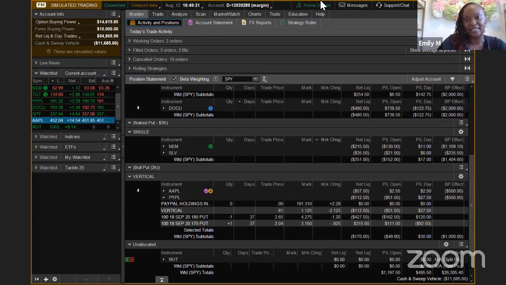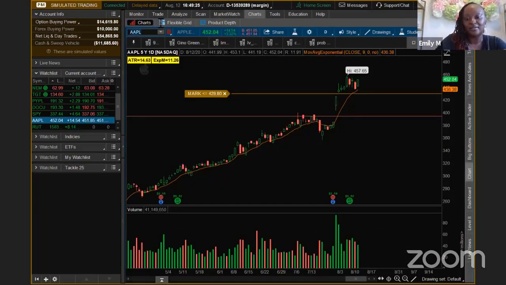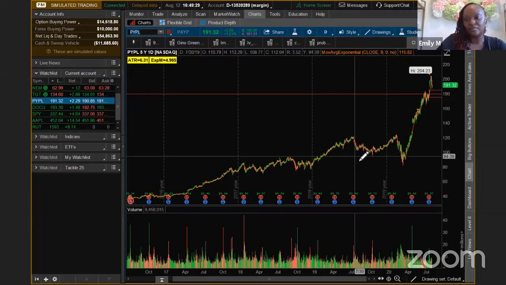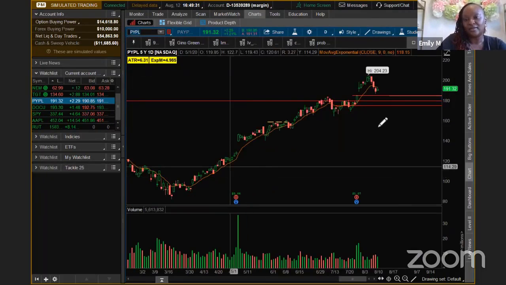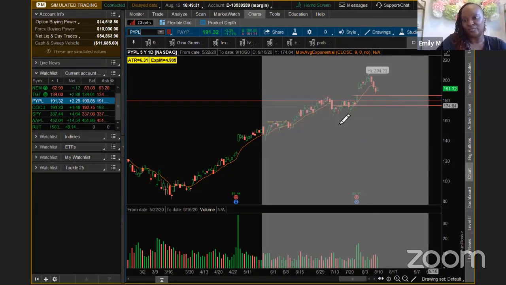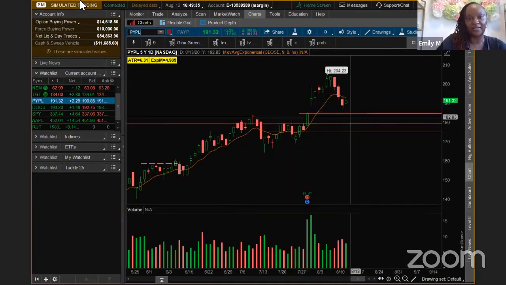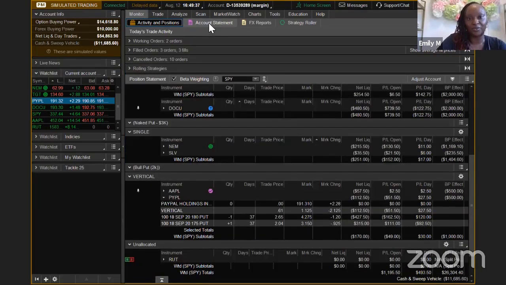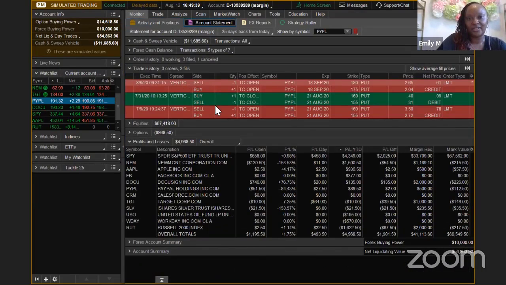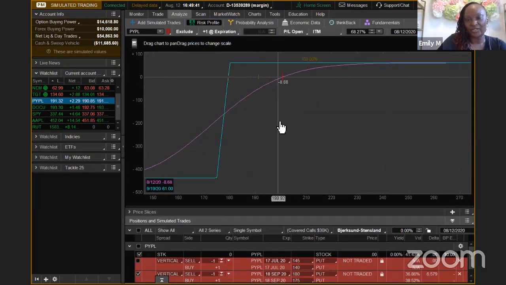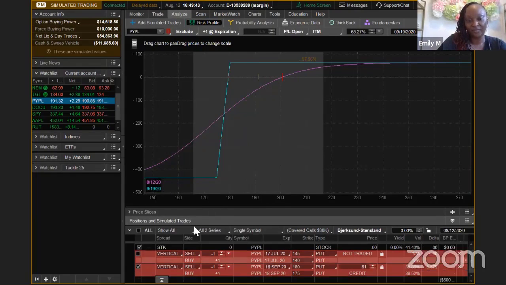it's the same exact thing. If we look at PayPal, we have, so let's see, I think the strike price we sold, let's go to PayPal here. And this is the one that we had. So here's PayPal. Let's make sure we have that one checked. So there's PayPal. There's the risk graph.